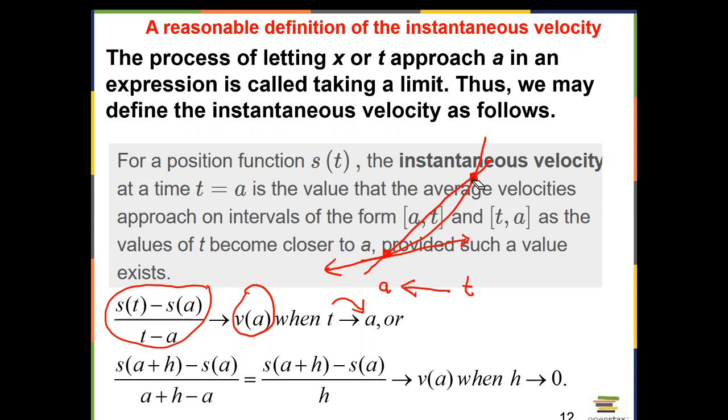That means we let this point be closer and closer to a, and then see what happens to the slope of the secant.